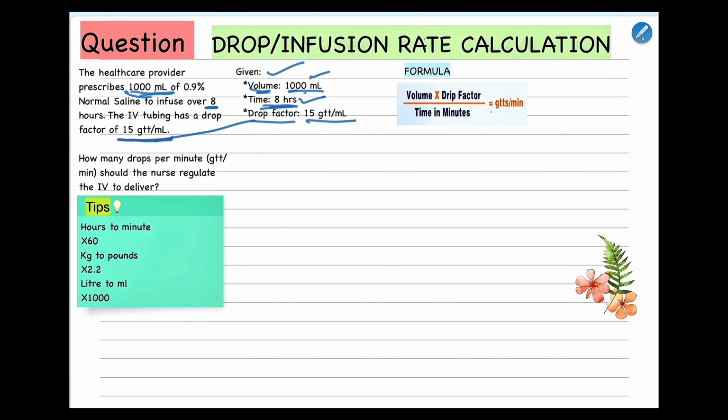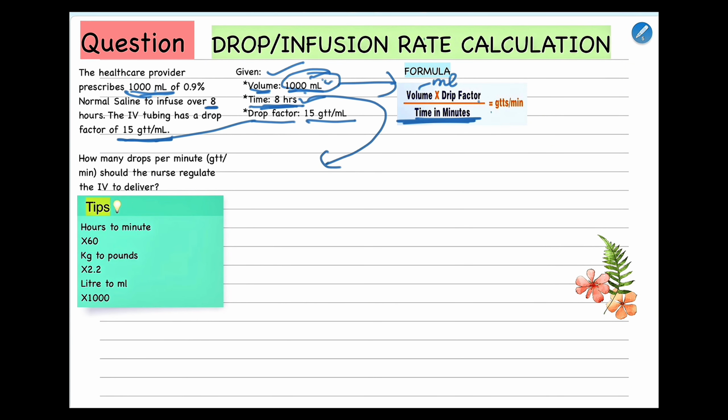So what does the formula say? The formula says the volume in ml, multiplied by the drop factor, divided by time in minutes. Here our volume is already in ml, so we need not convert it. The time is in hours, so it should be converted to minutes.